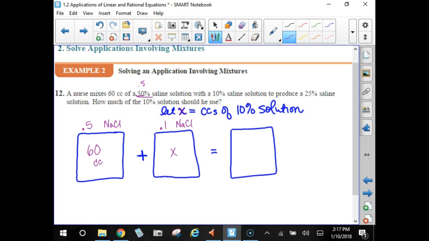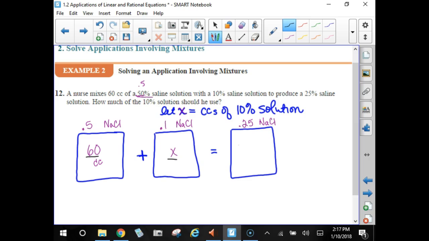Now, the nurse wants that mixture to result in a 25% saline solution. They want to get 0.25. And the question here is how much is going to result when we add 60 cc's to X cc's.